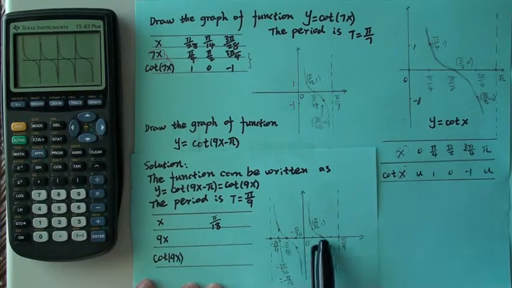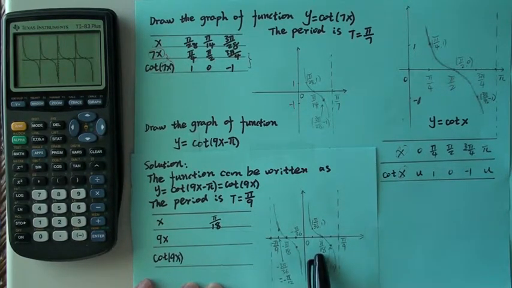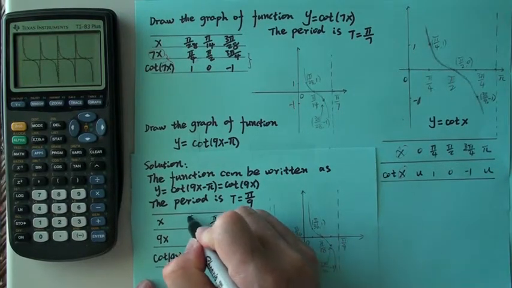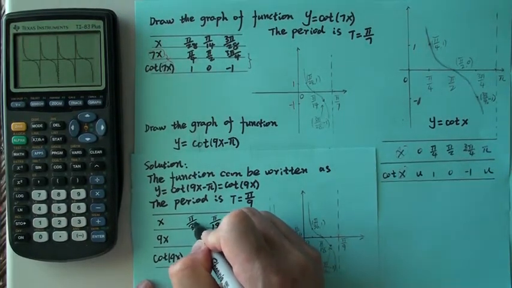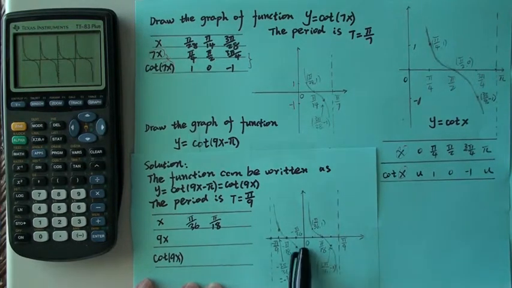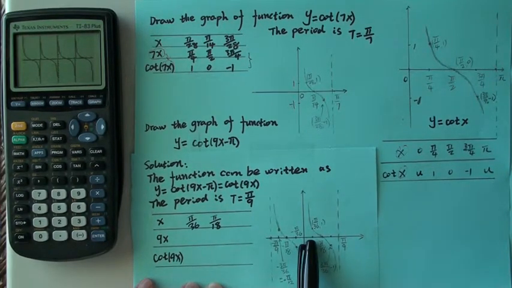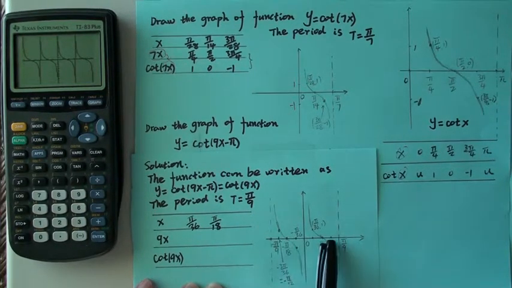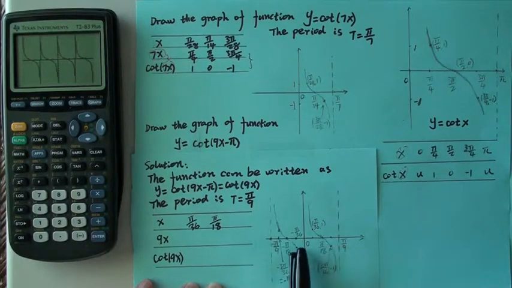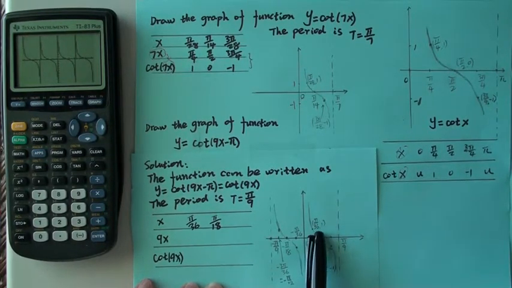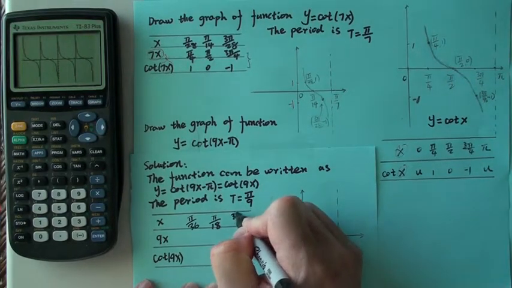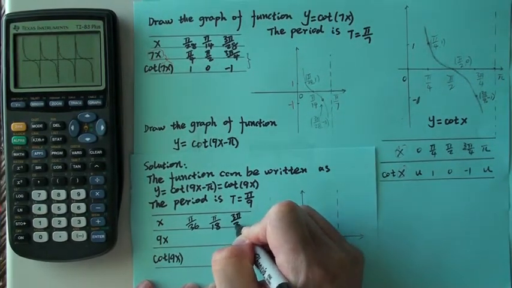Between 0 and pi over 18, that's the halfway, so it's pi over 36. From 0 to pi over 36 is this long. This will double to pi over 18. From here to here will be 3 times as much as pi over 36, so basically you can write 3 pi over 36.